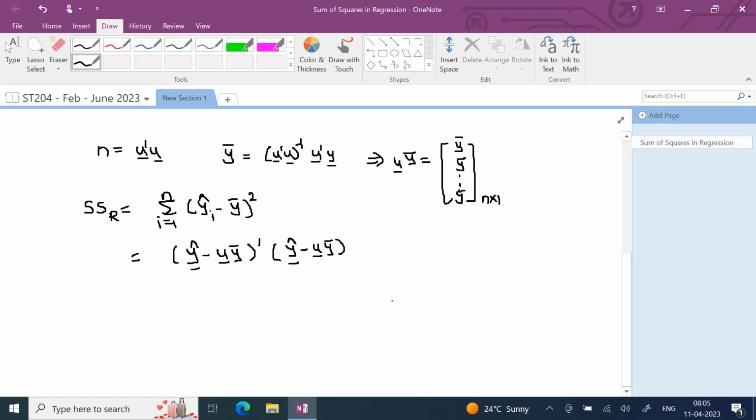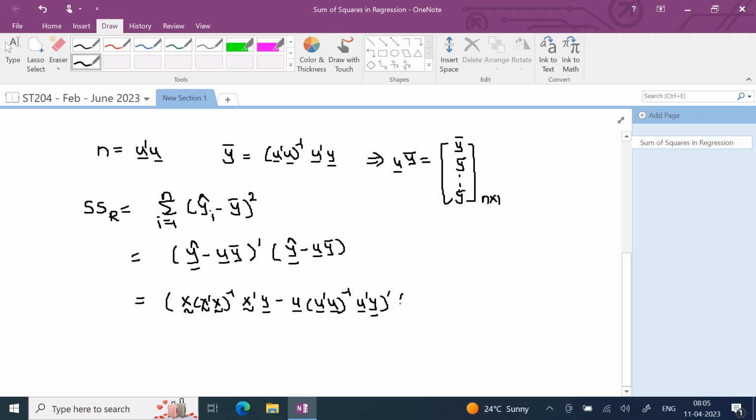Now I will substitute the values of y bar and y hat. So y hat we know from above is X (X prime X) whole inverse X prime y. That is my matrix or vector representation for y hat. Then I have this u, and y bar we just now wrote is (u prime u) whole inverse u prime y.